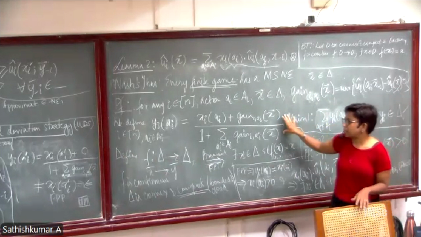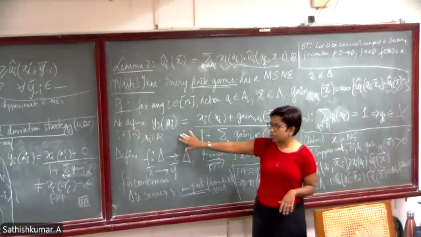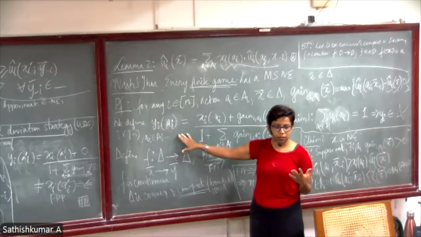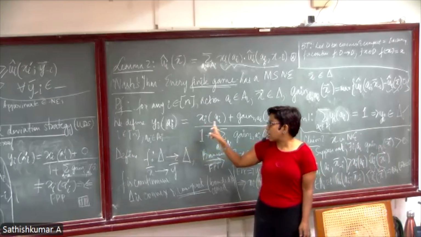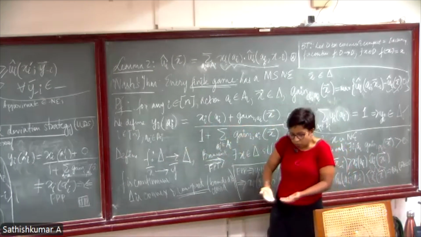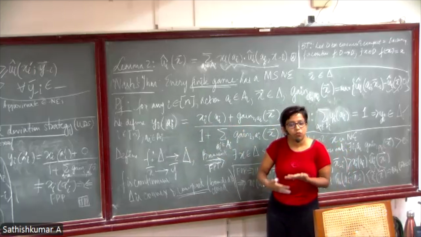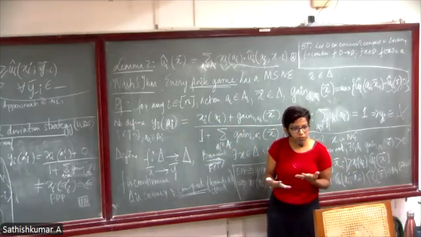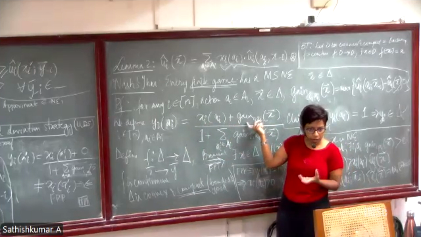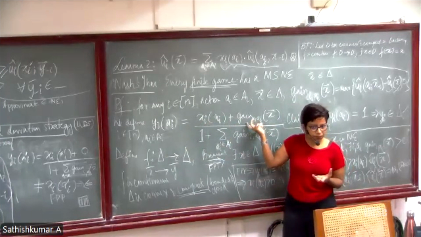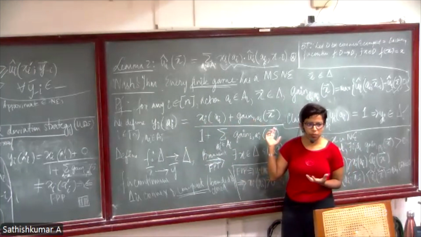Then this idea: what is actually happening here? This is basically saying I'm going to weigh all those actions which give this player a positive deviation over this mixed strategy X. You give it additional weight by the amount by which he gains. The denominator is just to make it a probability distribution, a very standard trick.